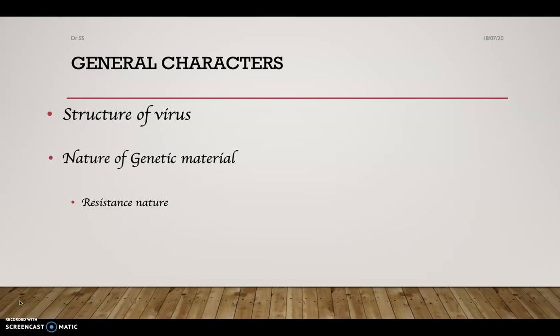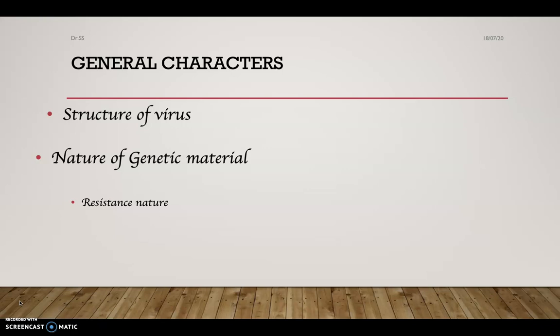And then the nature of the genetic material. The genetic material is DNA or RNA, present in all of them. There are two types: one is DNA, another one is RNA. Each virus possesses a unique genetic material. It is classified into single-stranded DNA or double-stranded DNA, single-stranded RNA or double-stranded RNA.